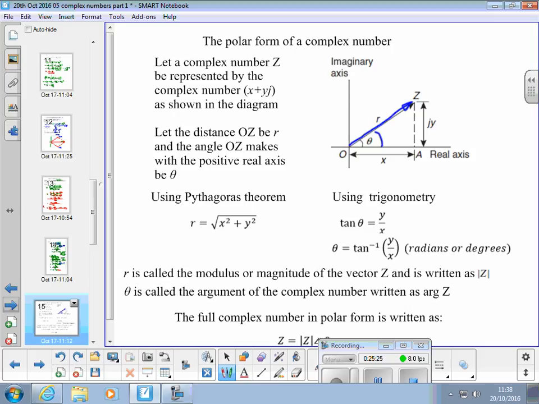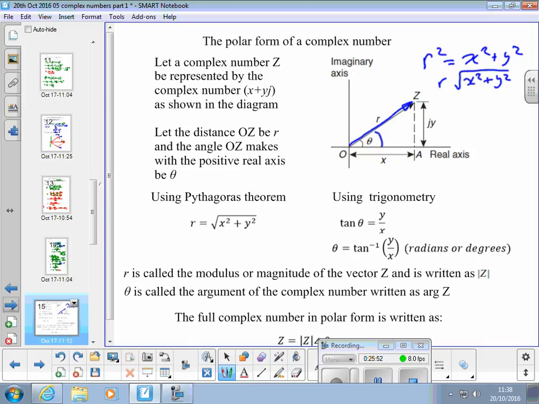So the full theorem using these letters is r squared equals x squared plus y squared. So if we want to find r, we just square root the other side. You should already be reasonably familiar with Pythagoras' theorem anyway. We did touch on it a little bit earlier.